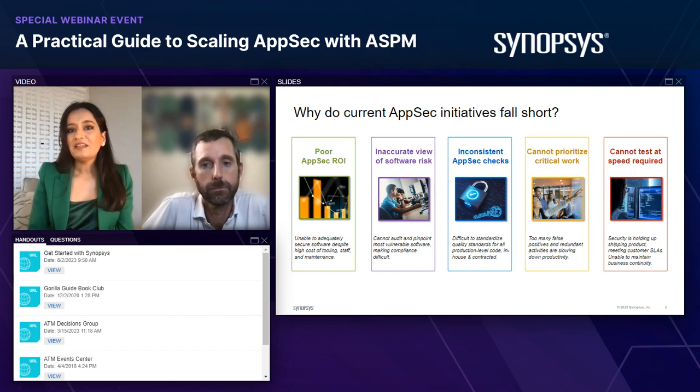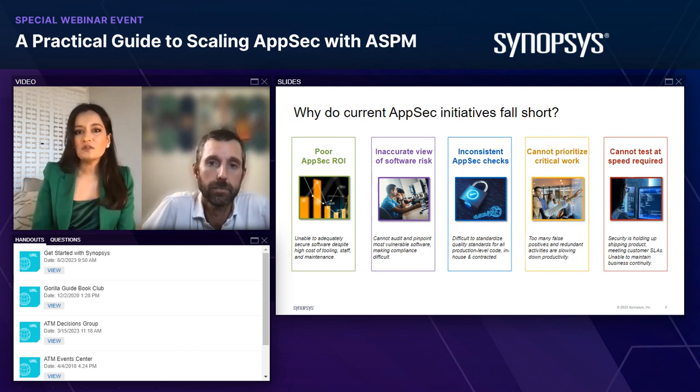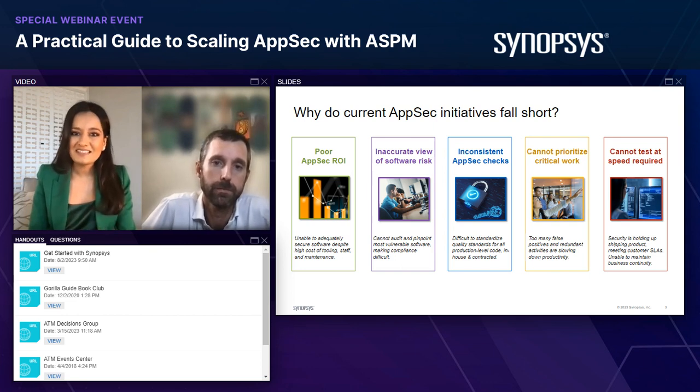The last point here is that oftentimes, in spite of having a lot of testing tools, organizations cannot test at the speed their business demands. It's difficult to integrate these tests within their given developer environments, to do so in a lightweight, intelligent way.